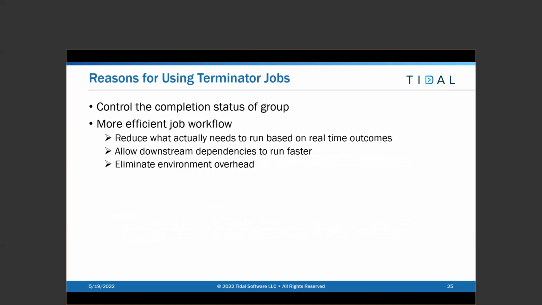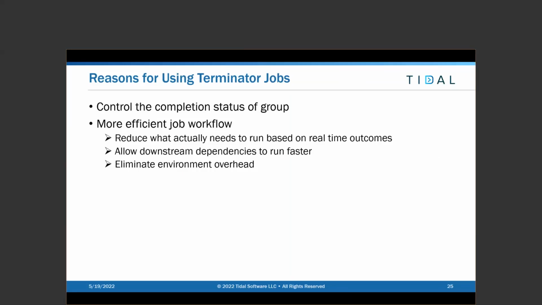So what may give you a reason to use these particular jobs? You might want to control your group a little bit more. I've heard from a lot of customers in support, they call in asking why did my group complete this way, I wanted it to complete this way. So right now, without Terminator jobs, your group is going to take on the worst case status.